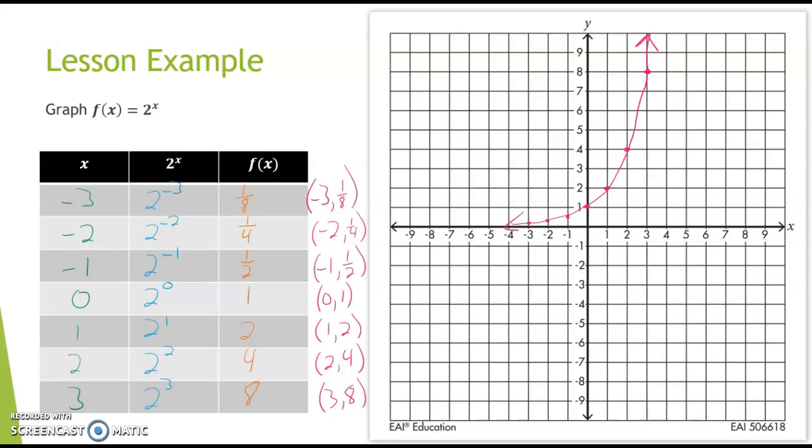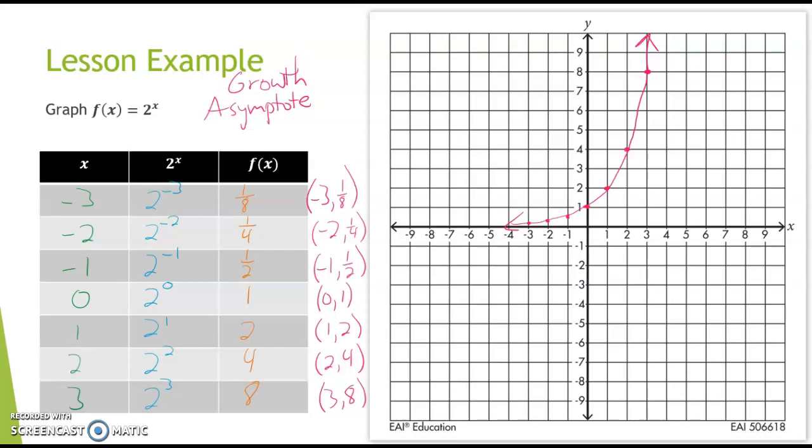All right, because it's going up from left to right, I know that this is a growth exponential function. And then I want to know where the asymptote is as well. Remember that the asymptote is a line that the graph approaches, but it never crosses.